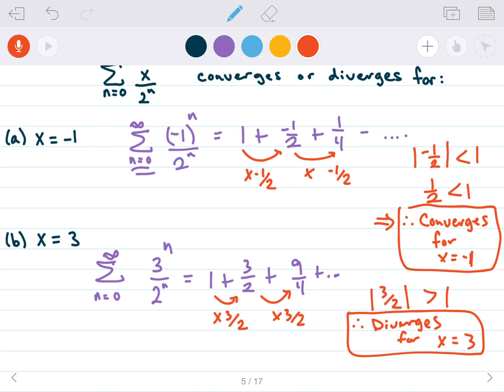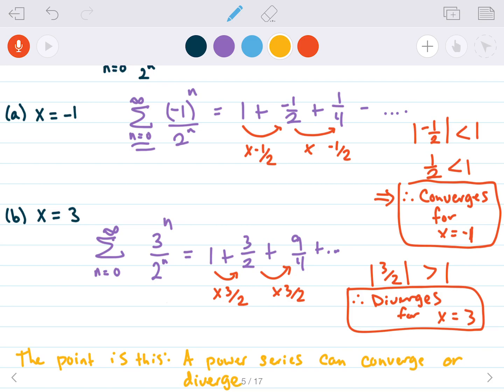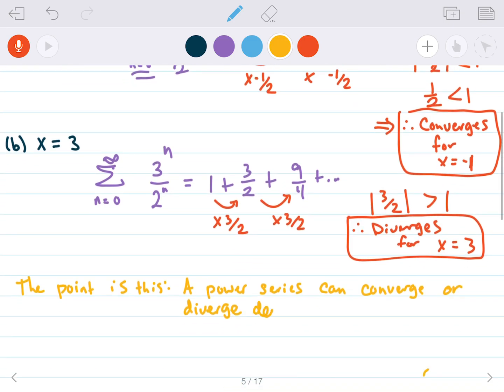So what's the point that I'm trying to make with this example? Let's write it down. The point is this. A power series can converge or diverge depending on x, depending what our x is.